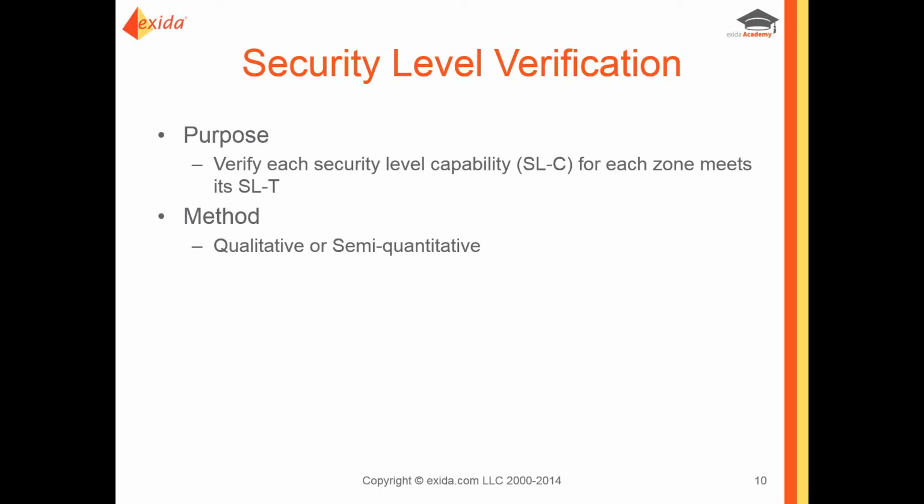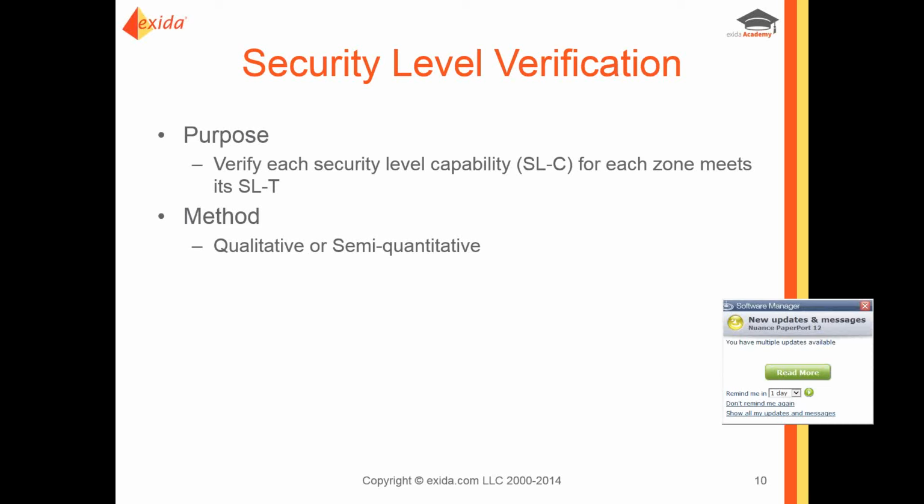And that is known as the security level target. And now you've got to make sure that the combination of hardware, administrative controls, physical access, and countermeasures that you put into place are capable, that's your security level capability, such that each zone is able to meet the target.